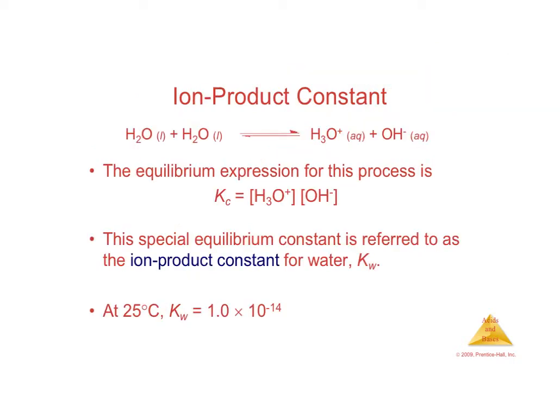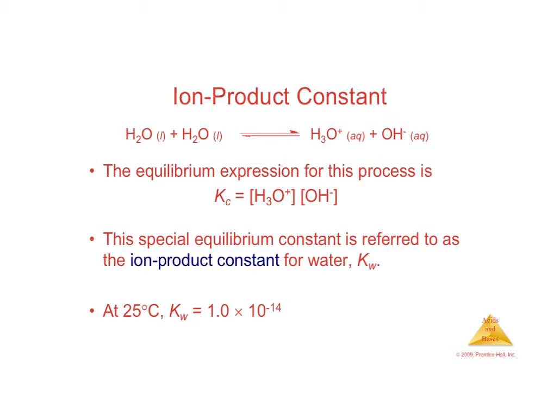What this gives us is an equilibrium process, right? Where water as a Bronsted-Lowry base and water as a Bronsted-Lowry acid are in equilibrium with hydronium and hydroxide. This is an equilibrium process just like all the other equilibrium processes we've talked about, but it's special.